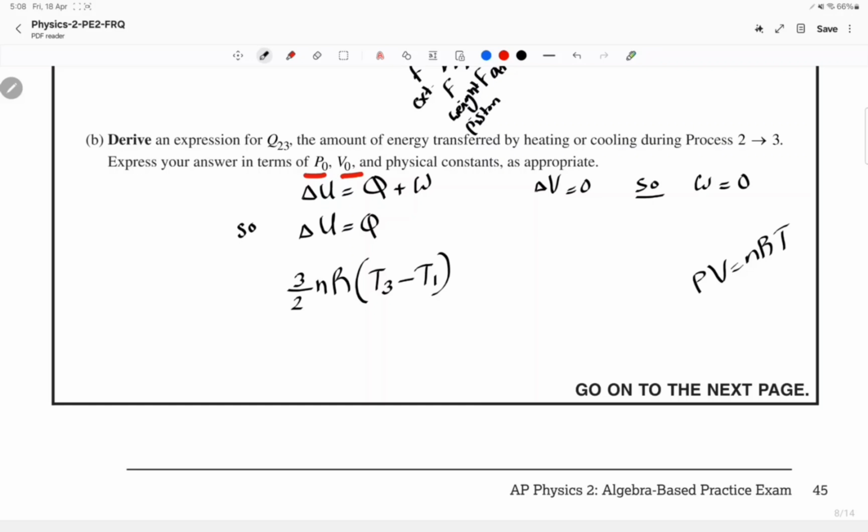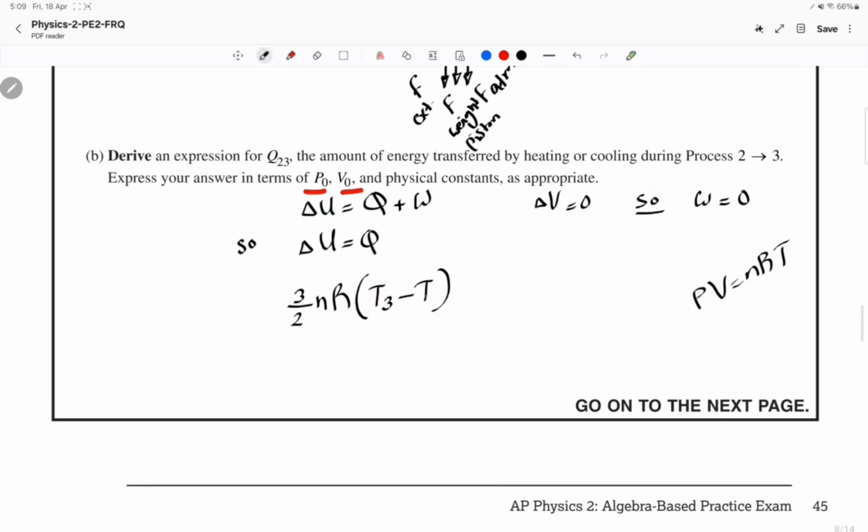So I'm going to replace nR times (T3 minus T2) with P3 V3 minus P2 V2. So I'm going to say 3/2 times (P3 V3 minus P2 V2) is equal to Q.